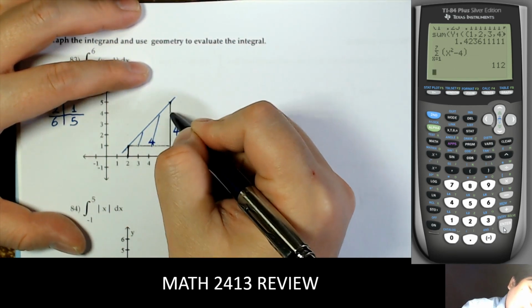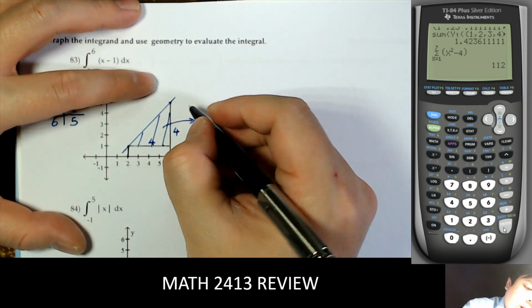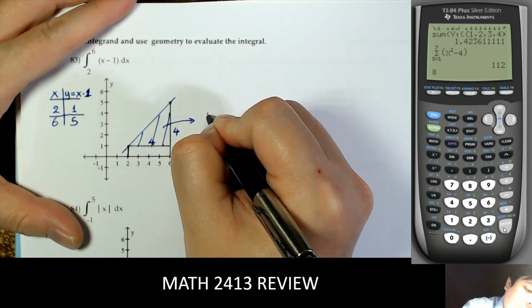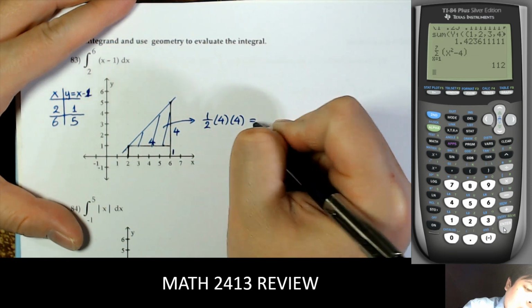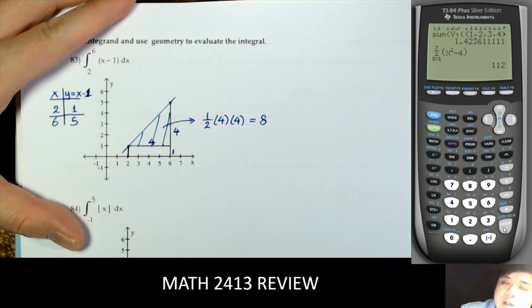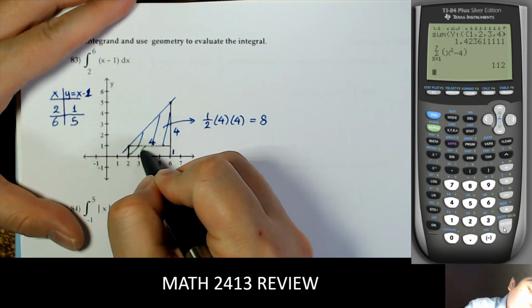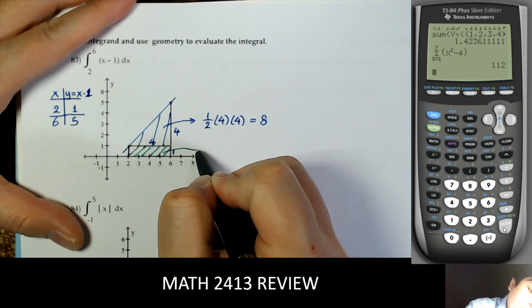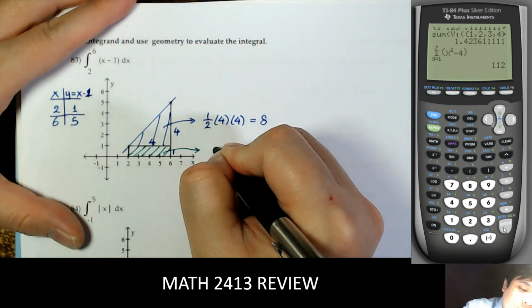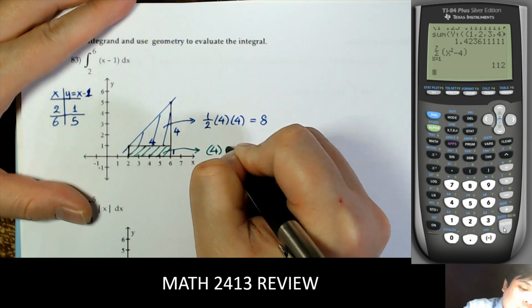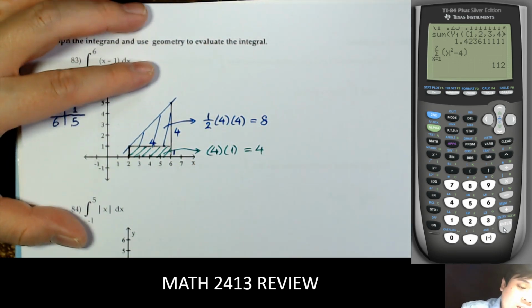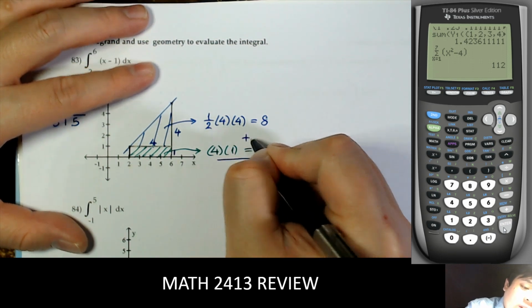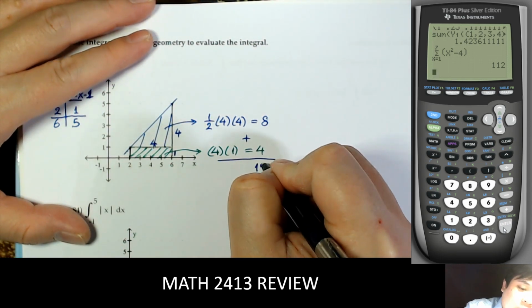So this triangle is the area 1/2 base times height, so that's going to be 8. And this rectangle is 4 length times width, so it's 4. Since all of this area is above the x-axis, it's going to be 12.